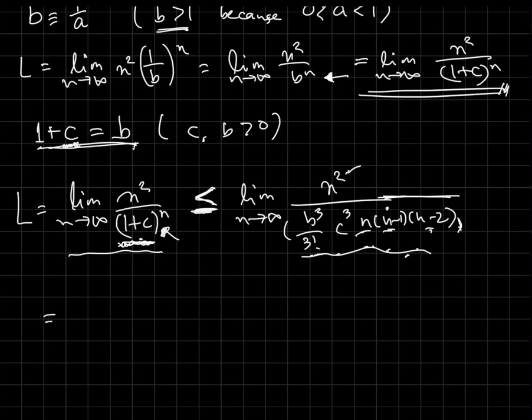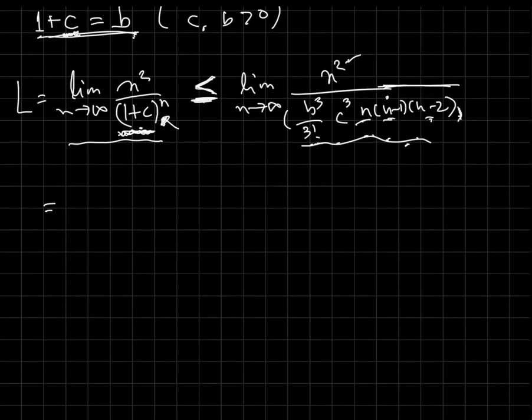And if we just rearrange that a little bit, just bring up the constants, which is 6 over c cubed, and then I'm going to bring down the n squared. So rather, this is not b cubed but c cubed. This should be c cubed.